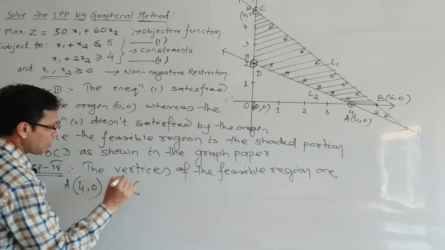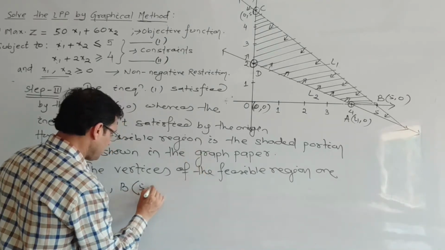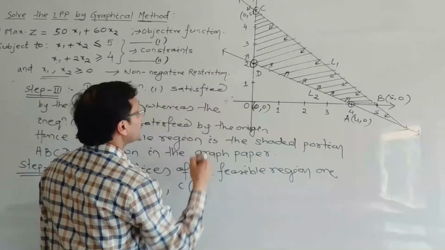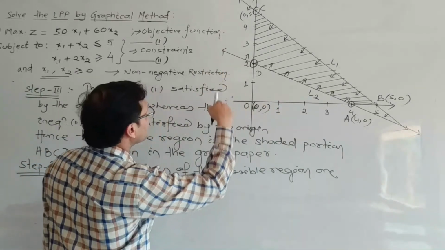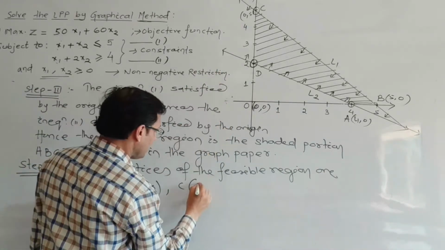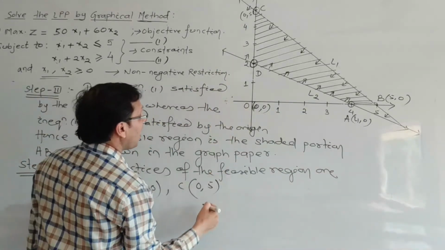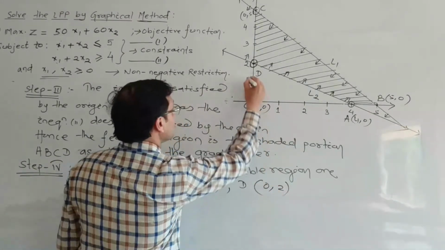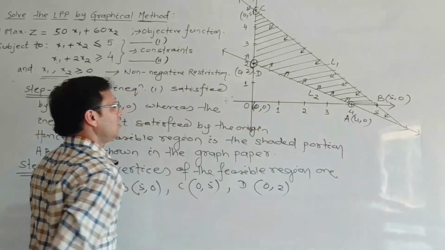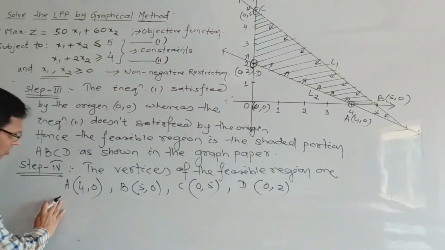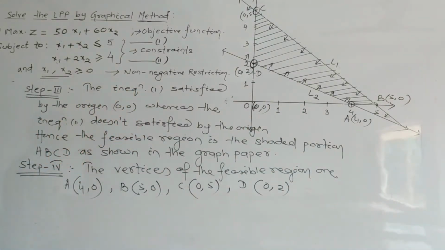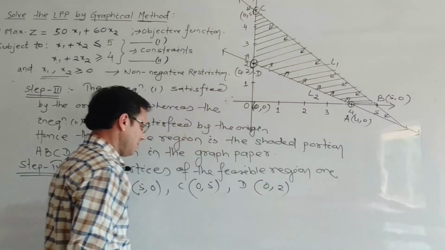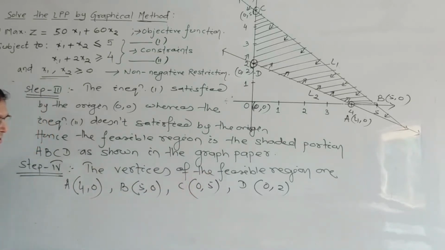B is already (5, 0). C is already on the axis, so (0, 5), and D has the coordinate (0, 2). So all these vertices we have already found. If the lines cross each other, then we have to solve to find the vertices of the feasible region.